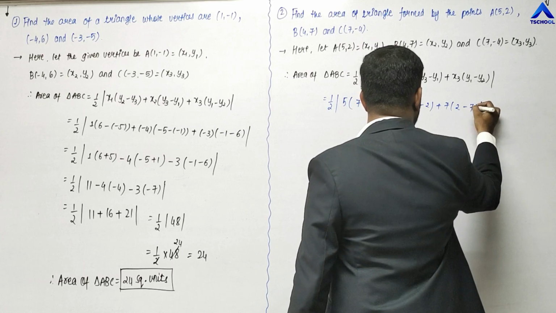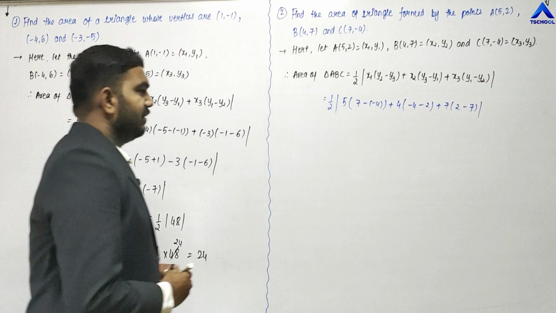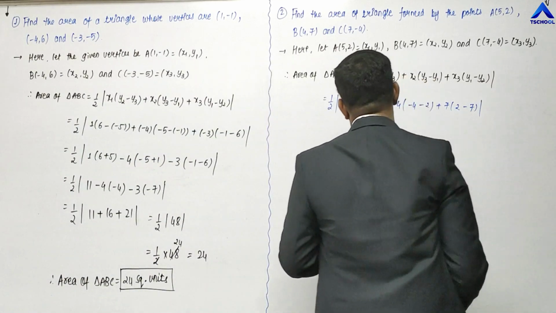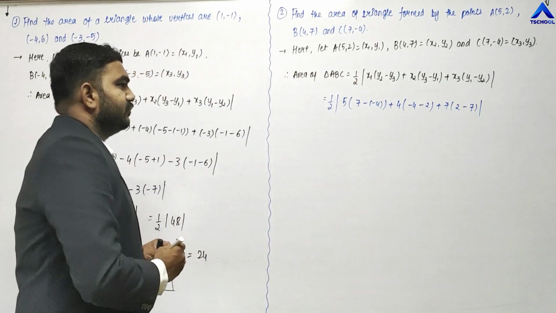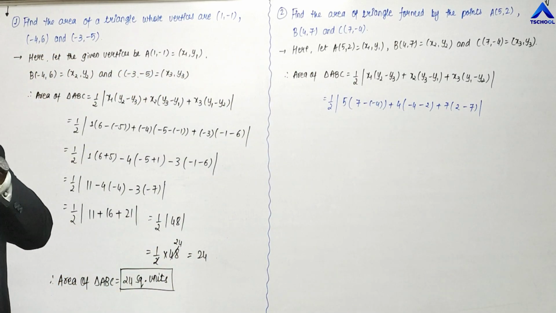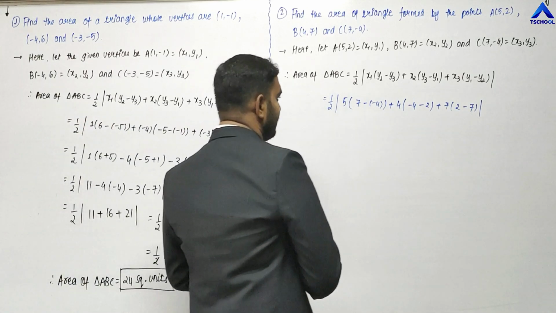Okay. So that is how we put the values here. 1 by 2 modulus 5 into 7 minus 4 plus 4 into minus 4 minus 2 plus 7 into 2 minus 7. Let us solve this again.